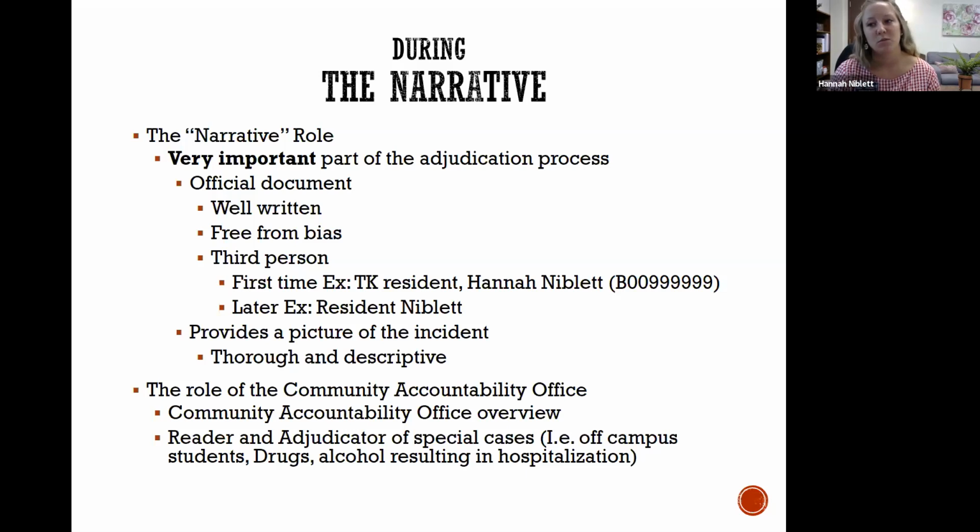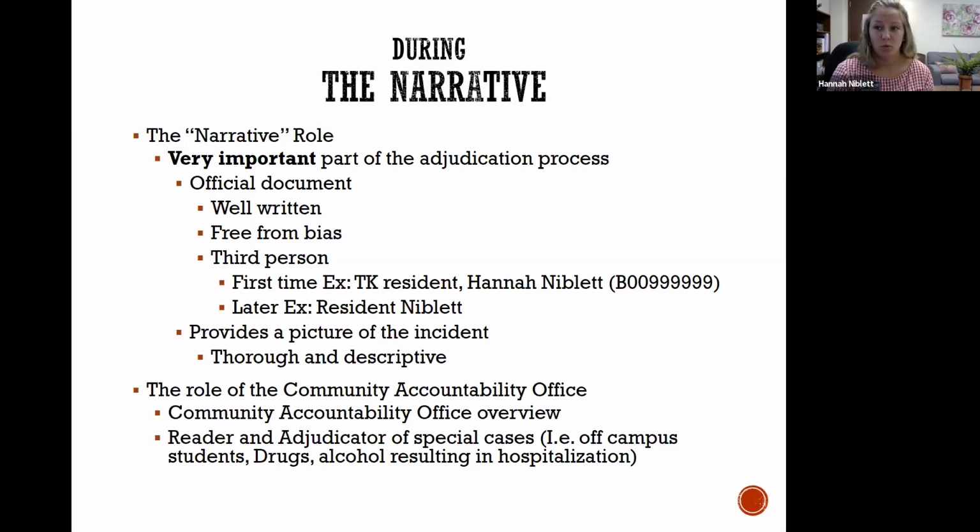But just know that whatever you write in here, it should be well written, it should be free of bias, and it should be written in the third person. An example of this is you will address all residents as TK resident Hannah Niblett, with their BUID in parentheses, and then later you can reference them as resident Niblett using their last name.